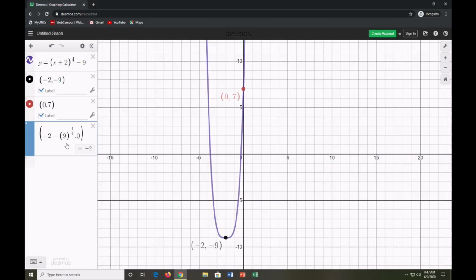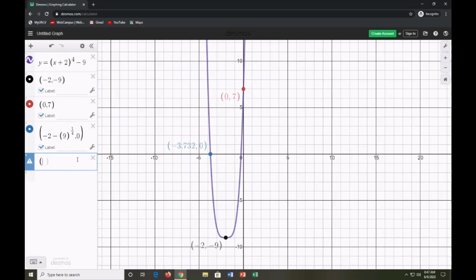Oops, no, that's comma. No wonder it didn't plot it. So there it is. So that's what we have. I rounded it to negative 3.7. There it is. The next one should be negative 0.27.